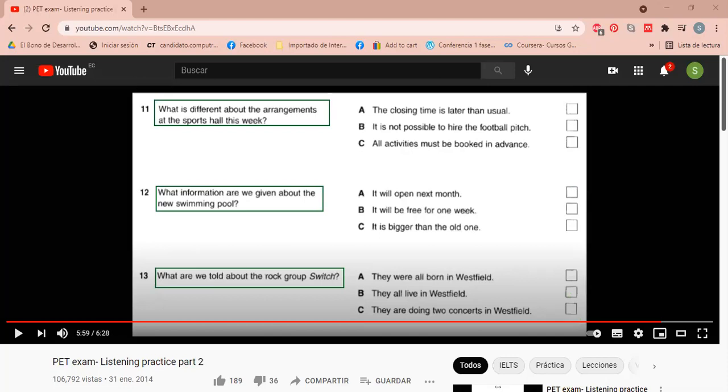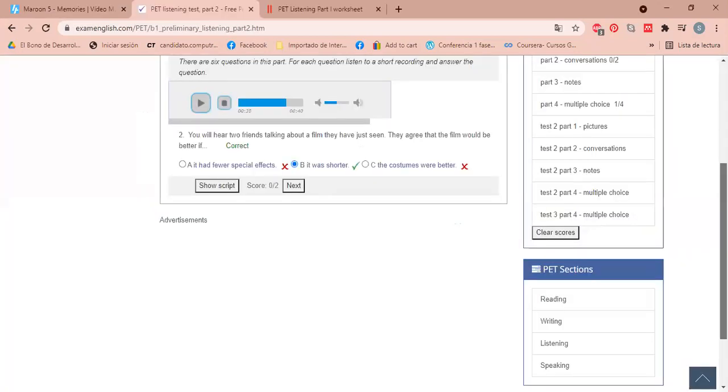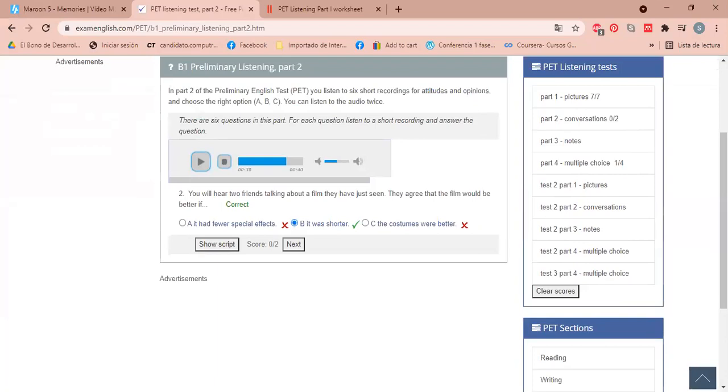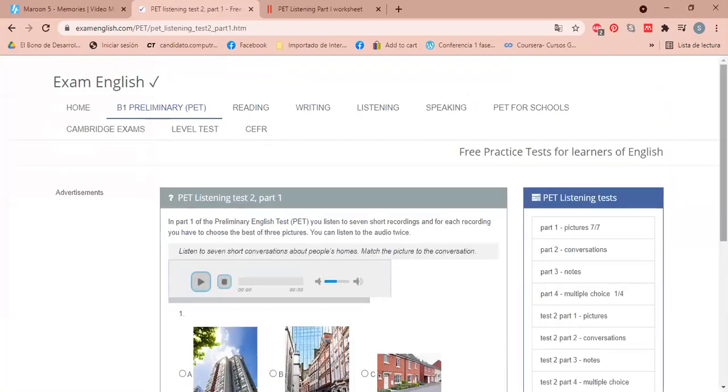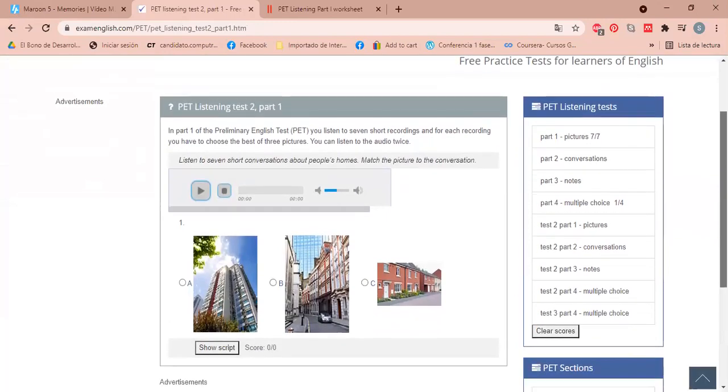This time it's going to be faster, and then we do our classwork, okay? So let me share with you again the page, and this time it's going to be much faster than the previous one. So we're going to start with part 1 again, okay? Otra vez una parte 1.